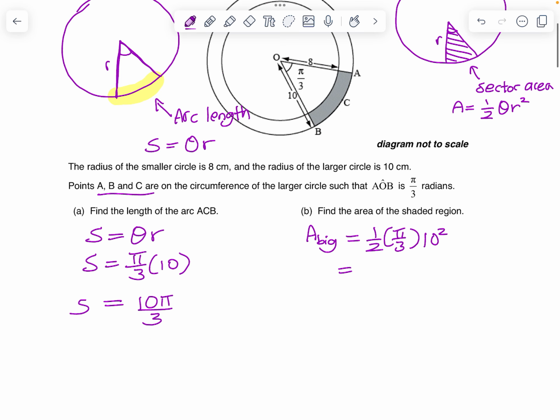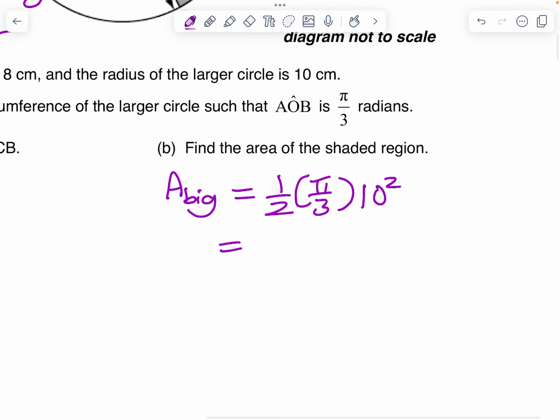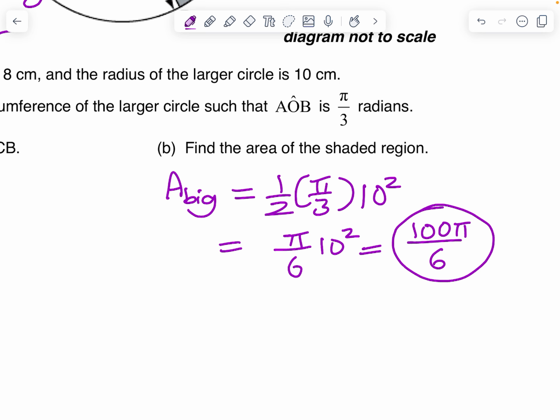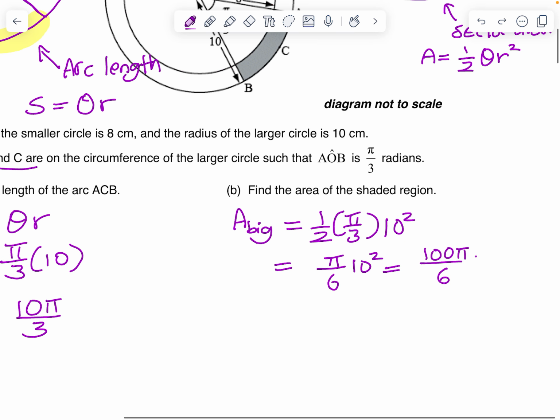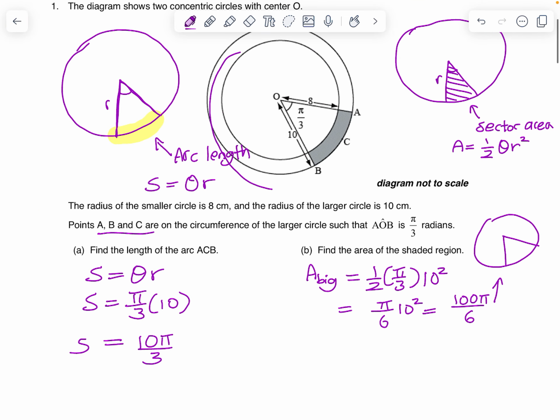And when you simplify everything, we get pi over 6 times 10 squared, which is 100 pi over 6. Now that we solved this one, we solved based on this diagram here. We solved the whole sector area.